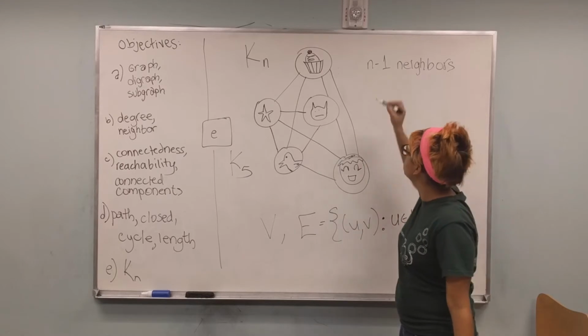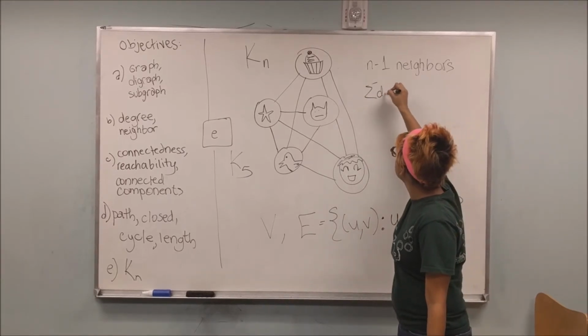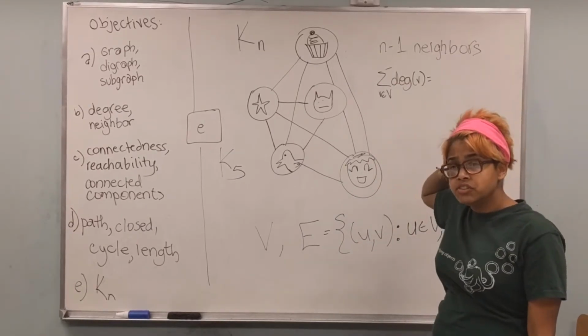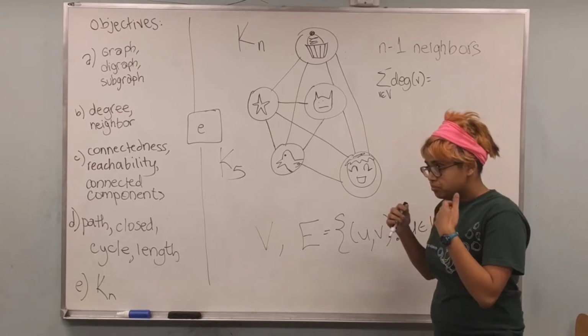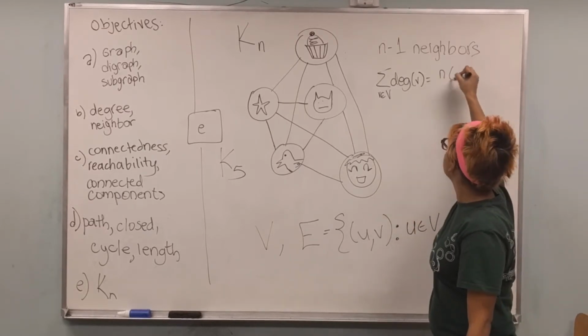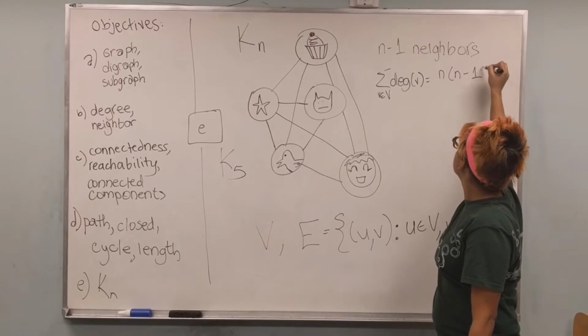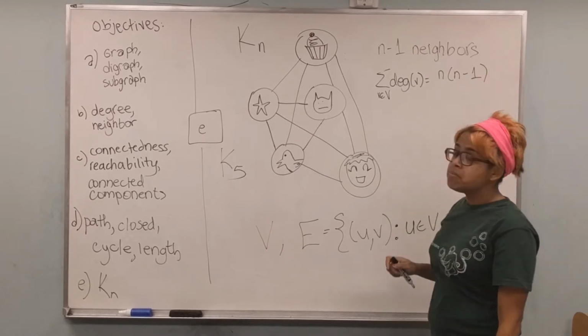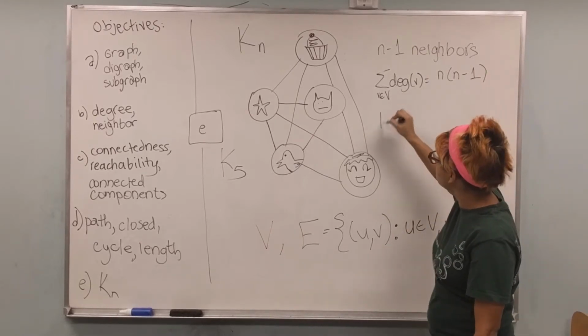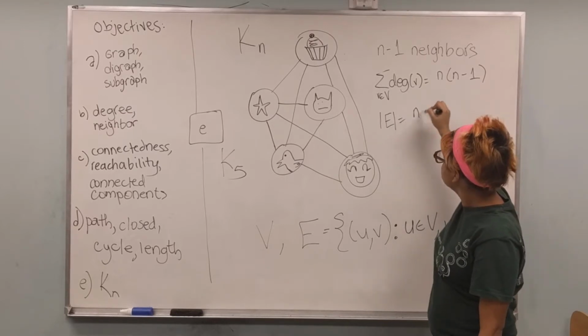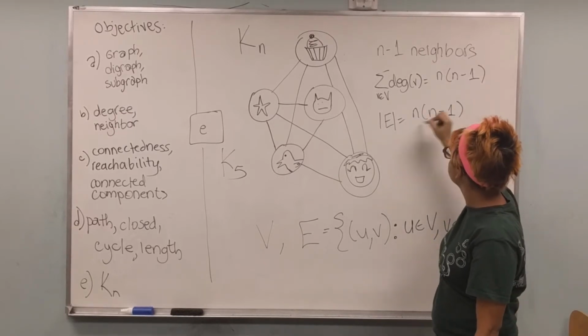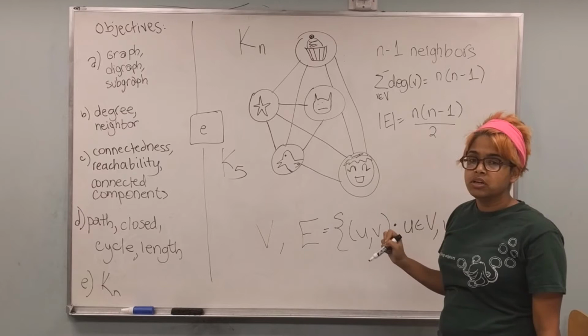and as it's going to turn out, there's n of us, so if you do the sum of the degrees, well, there's n vertices. We all have the same degrees, so it actually turns out to be n times n minus 1, which means the number of edges is n times n minus 1 divided by 2.